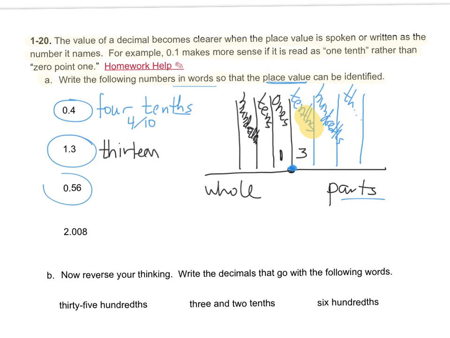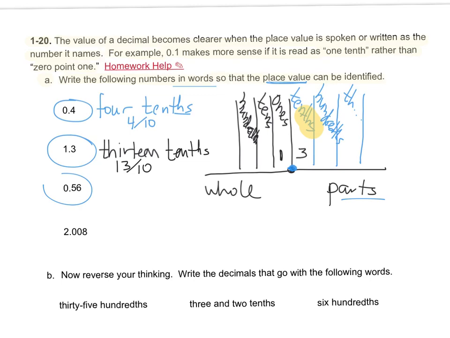It stops at the tenths place, so I have 13 tenths, THS. And if I was going to write it as a fraction, it would be 13 over 10, or 13 tenths.